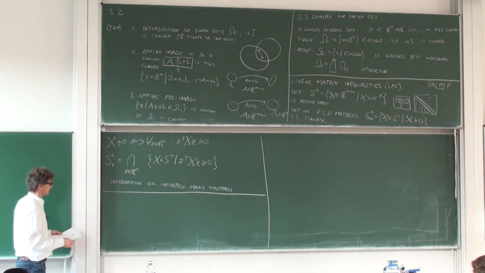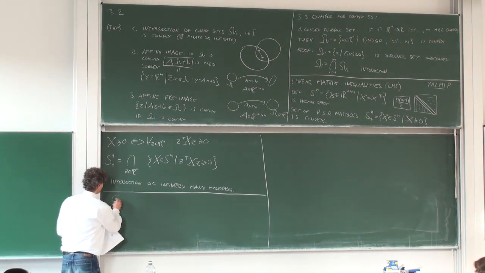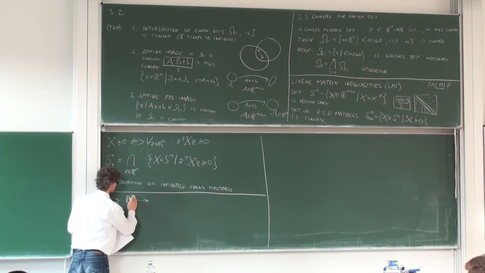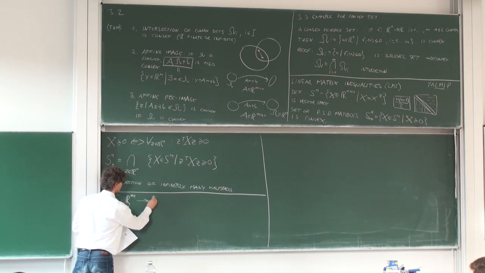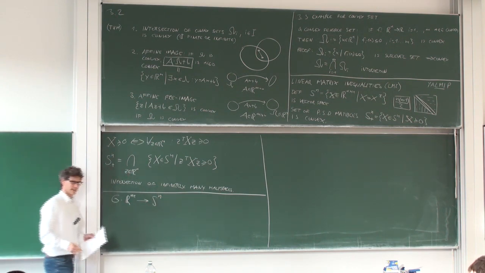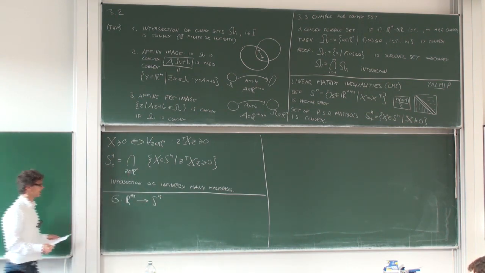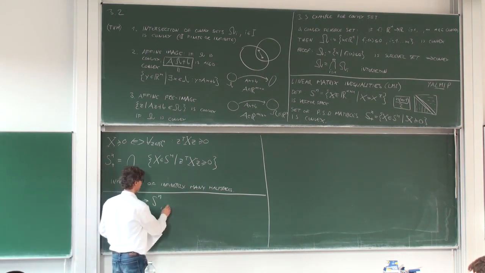Okay, but now the second ingredient will be a function g, which maps from Rm to the space of these symmetric matrices in Sn. And it will be an affine map.